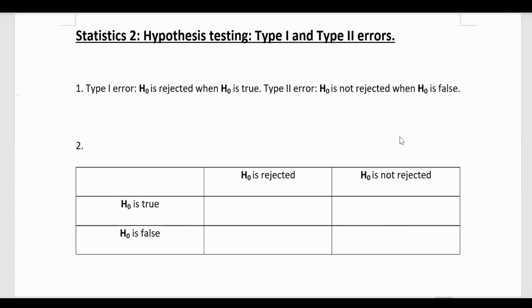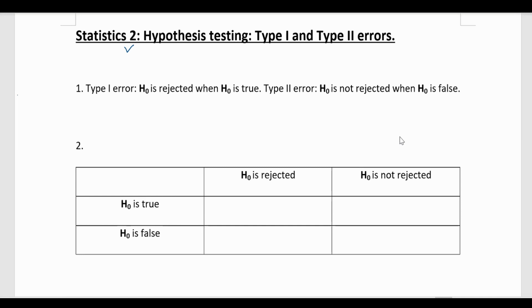Hi, in this lesson we will look at Statistics 2, hypothesis testing, and we focus on type 1 and type 2 errors. In my previous lessons, we were discussing hypothesis testing.